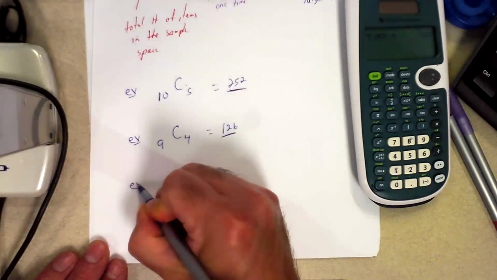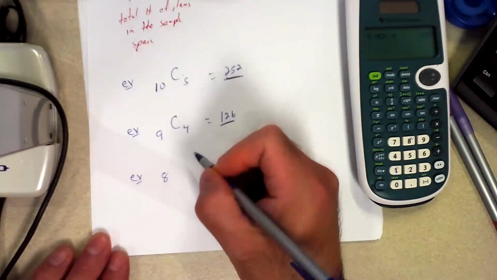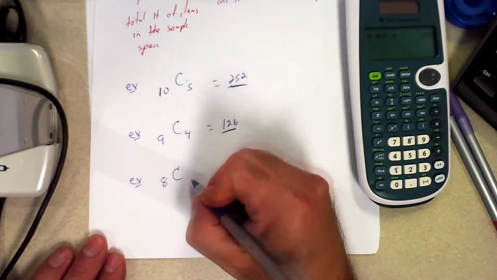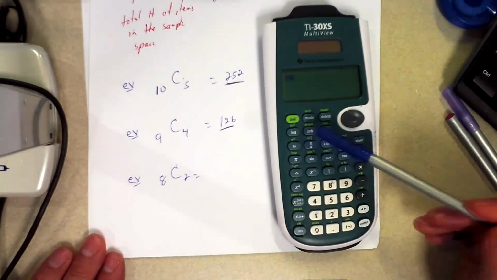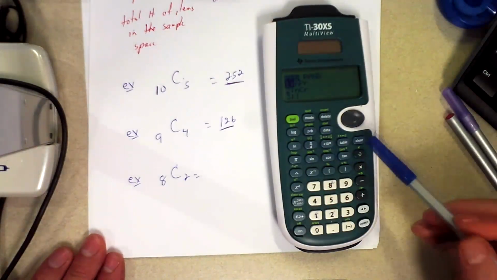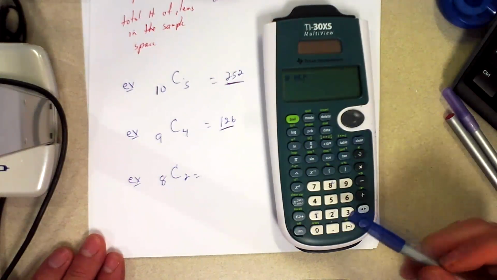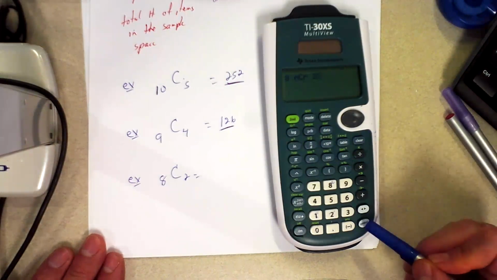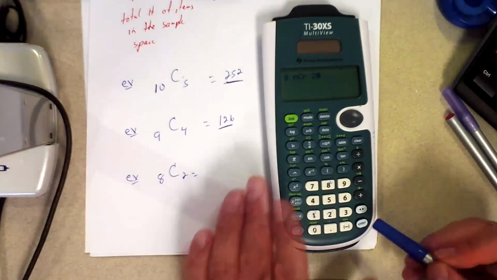Okay, and what about 8 choose 2? That's 8, PRB, choose 2. Did you see it?